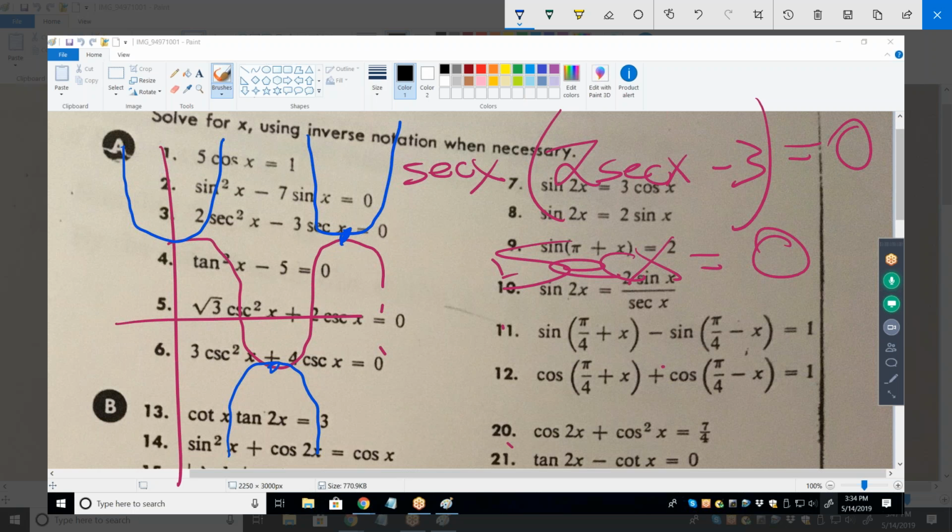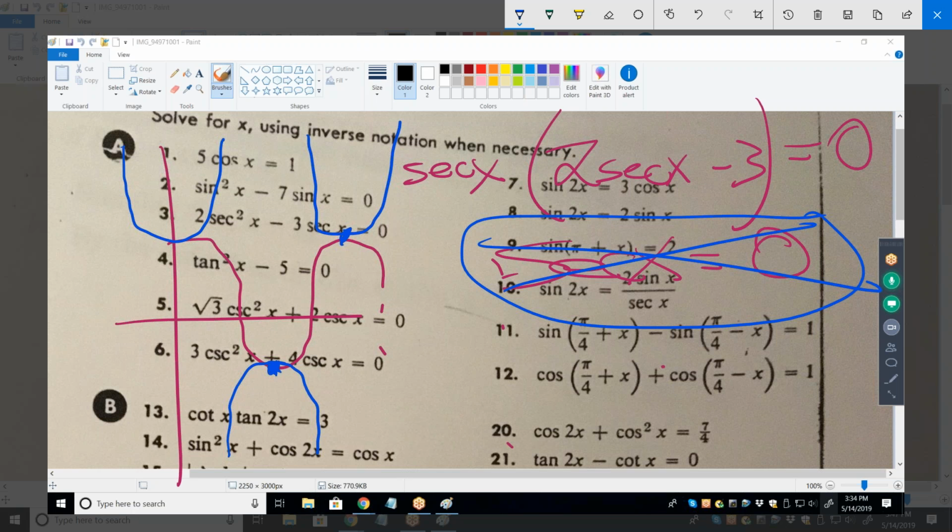Or if the cosine is equal to minus 1, the secant is minus 1 at that point. So tell me where the secant is equal to 0 based on my graph. Nowhere. That's impossible.